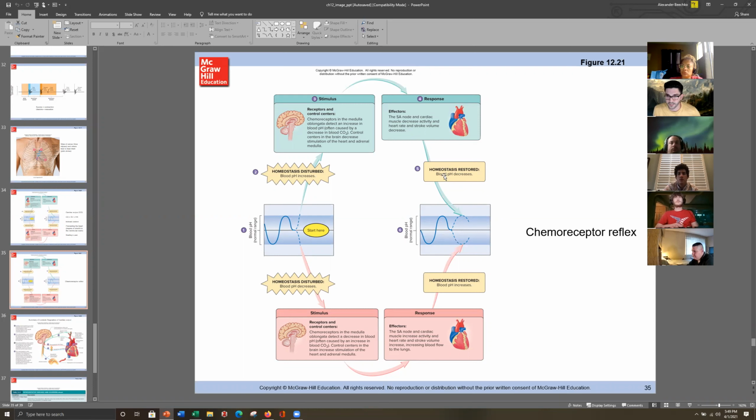So if we're hyperventilating or something like that, then this will typically be a side effect of that. So we want to decrease our cardiac output so that we can restore our blood pH. You might be thinking, well, okay, how the heck might cardiac output affect something like blood pH?